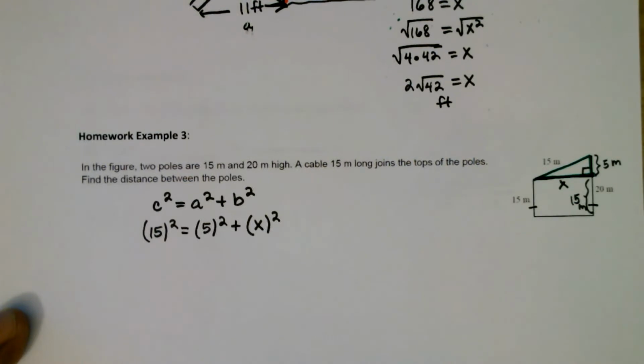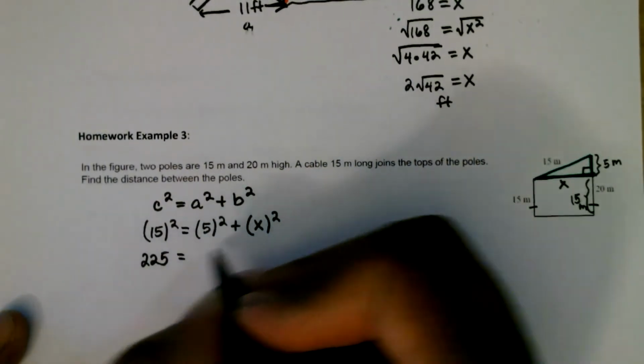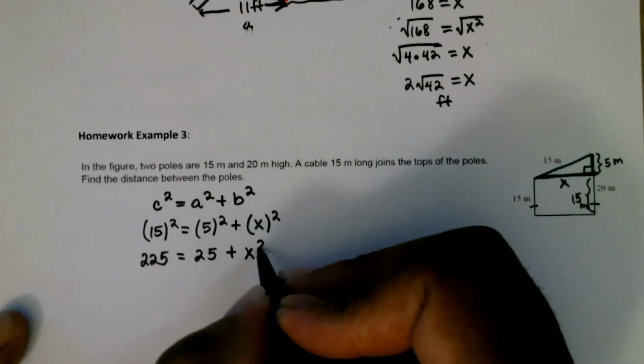All right, so let's simplify this. 15 squared is 15 times 15, or 225. That's equal to 5 squared, that's 25, plus x squared.